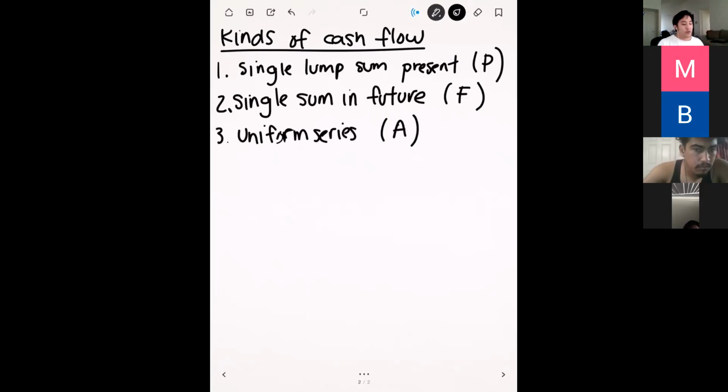Okay, and then the third one that we went over was a uniform series. Okay? And so that was a uniform series of payments that you would make every month, every year, or something like that. And A would be the amount that you actually paid out.